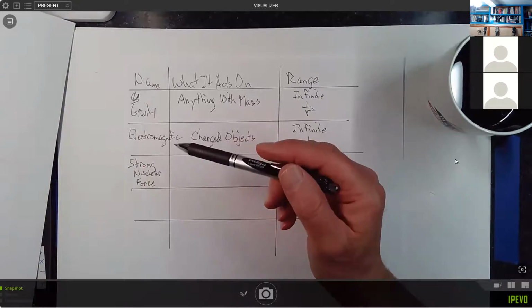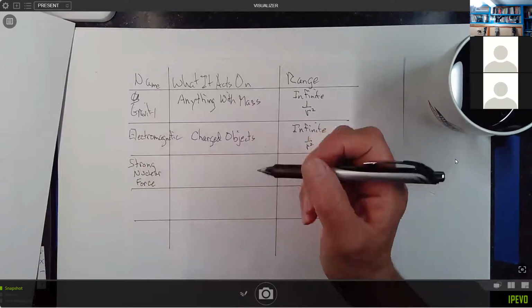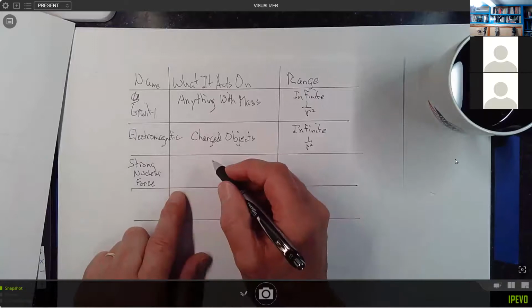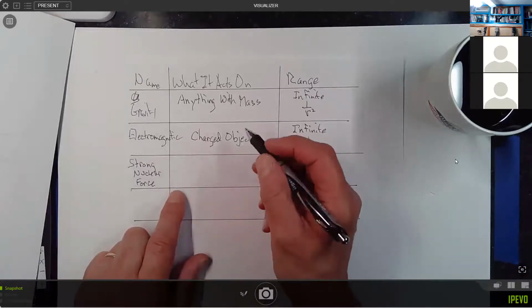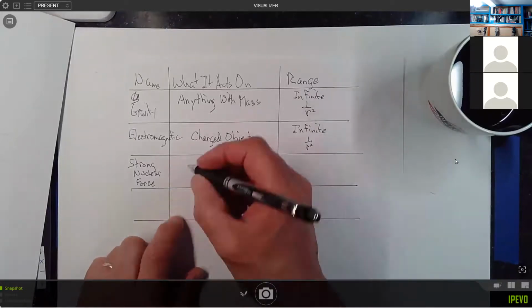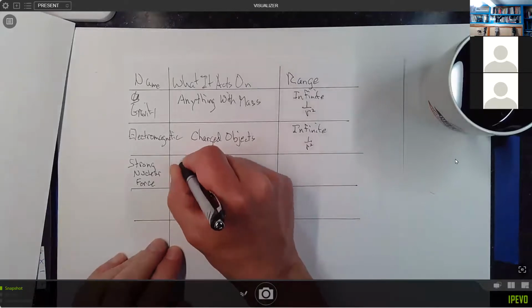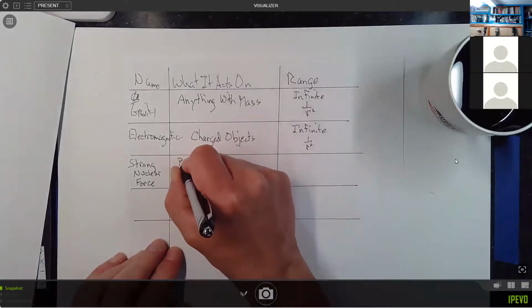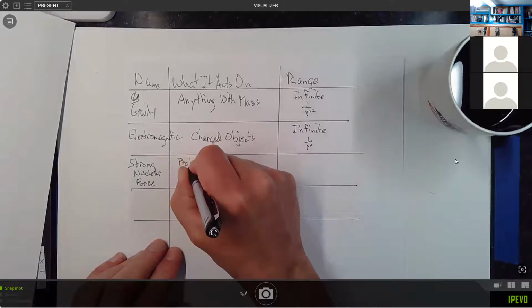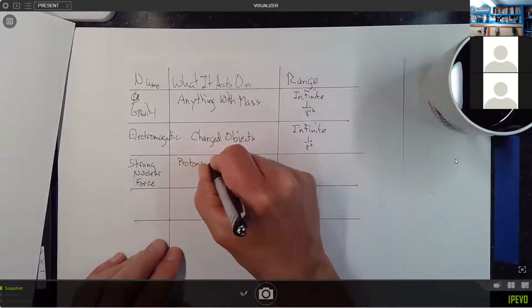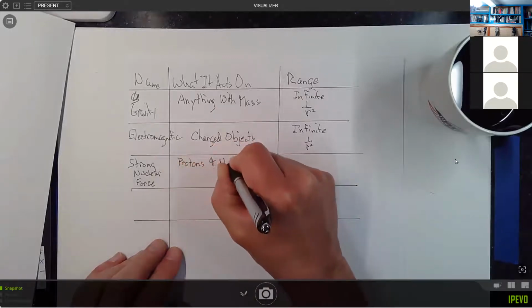It also acts on neutrons. What the strong nuclear force acts on is protons and neutrons. Those are the things you've heard of before.